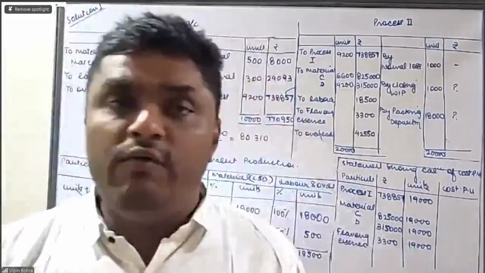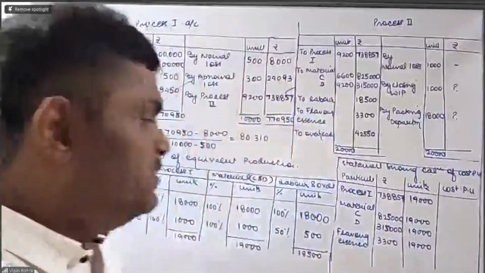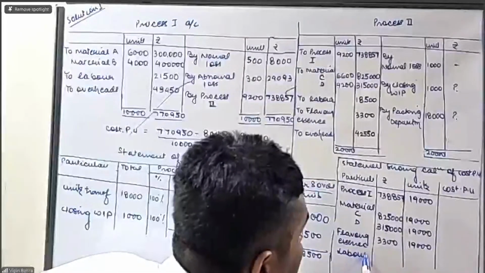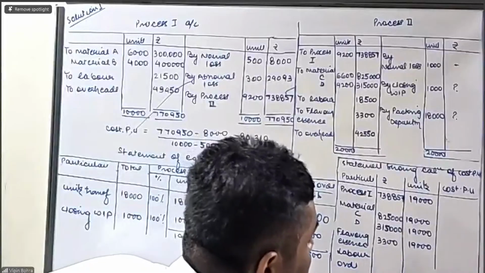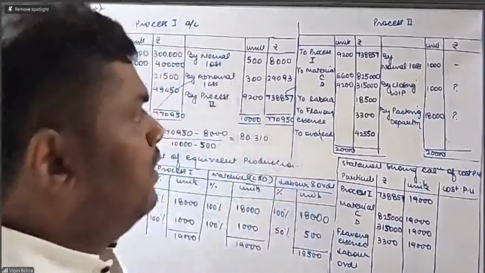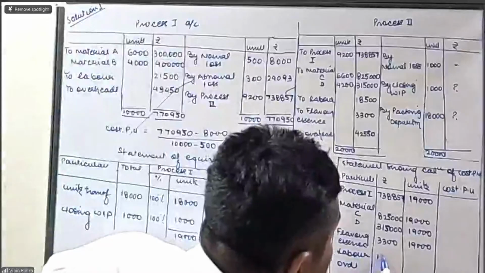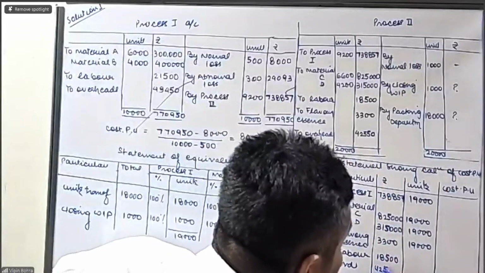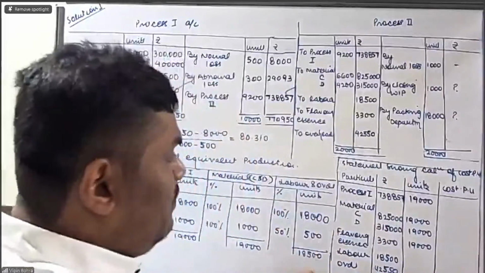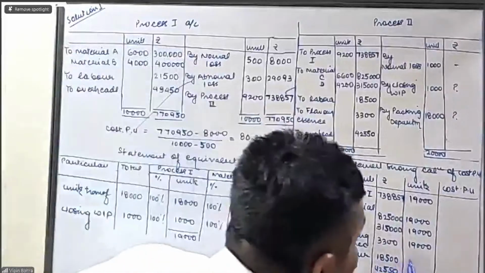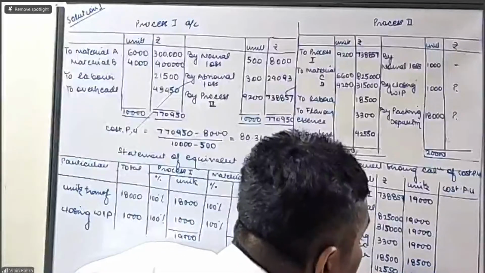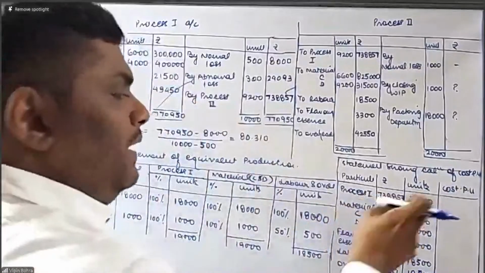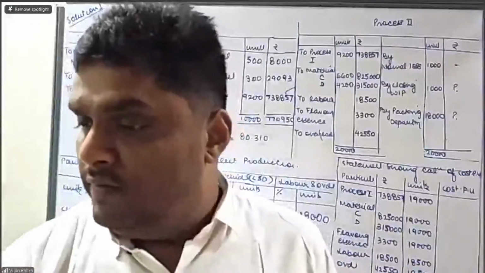Since no information is given in the question as regards the percentage of completion, we will assume that it is 100% processed. Now, next is labor and overheads. The labor cost is 18,500 and the overhead cost is 42,550, divided by the equivalent number of units for labor and overheads, which is 18,500 and 18,500. So first column divided by second column, we will get the values.